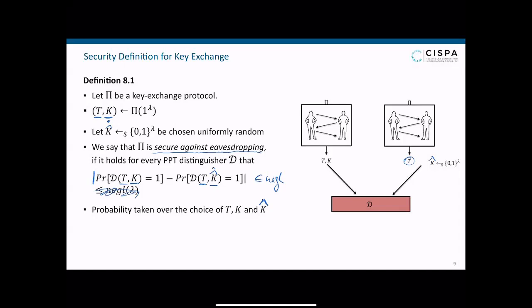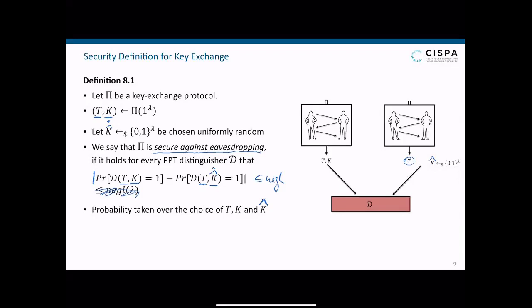All right, but again, let's quickly recap. So in terms of resources, we're actually giving the adversary very little. He can look at what's happening. He can observe a key exchange, but not much more. But in terms of goals, we're asking for the weakest thing possible, right? We're not asking him to recover the key K, but just to distinguish it from a random string.